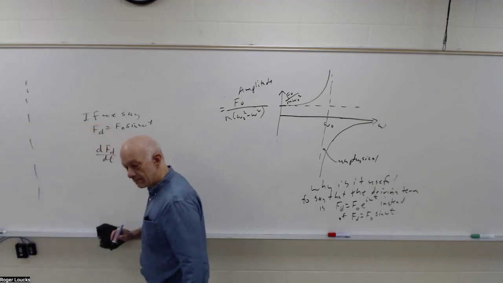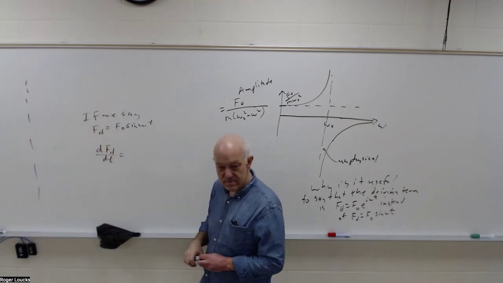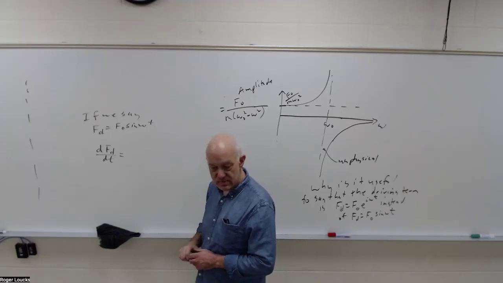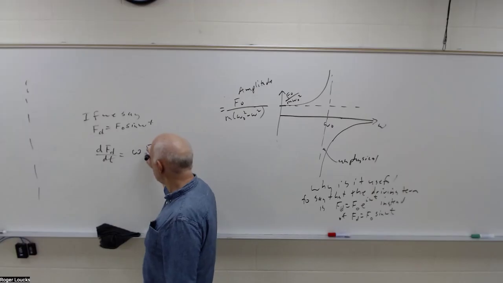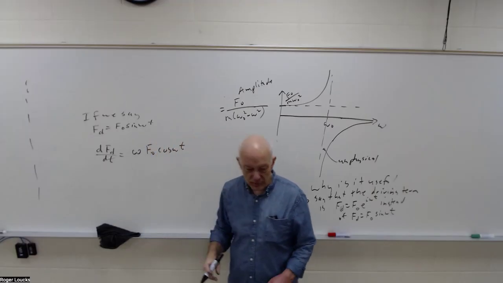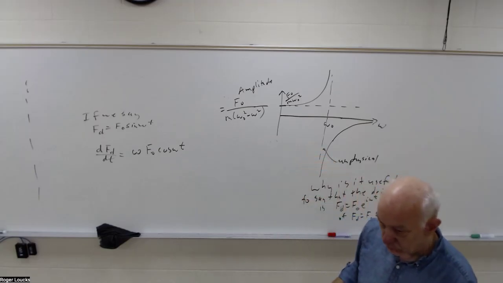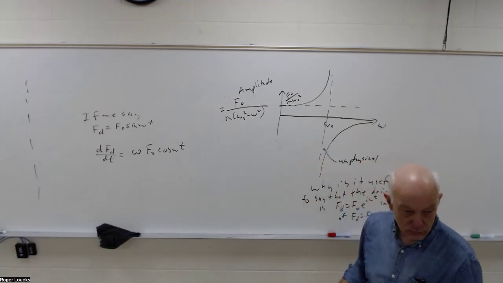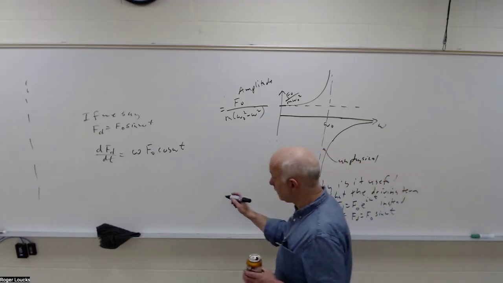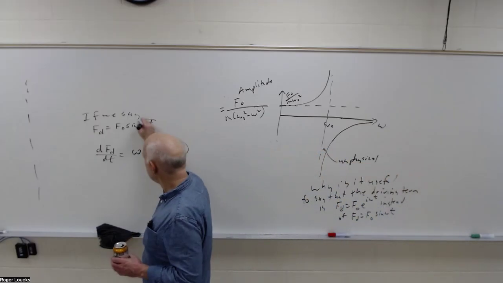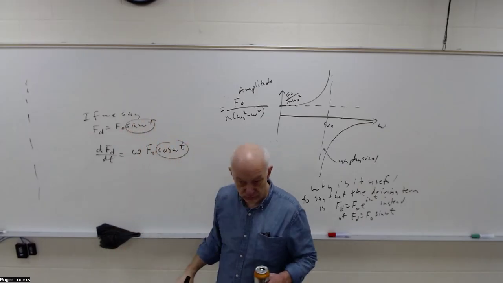Which is what? Minus omega F naught sine omega t, and then cosine omega t. Do I have to keep on taking derivatives? No, I'm not going to get any unique piece. Right, this is unique. That makes sense?